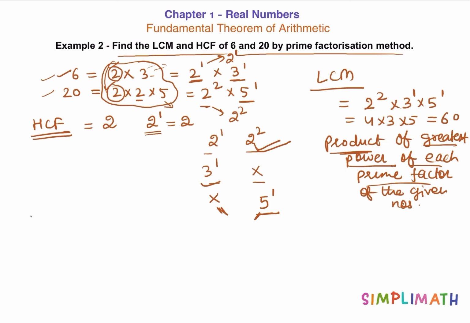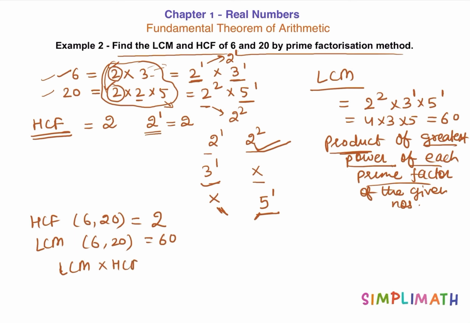So HCF of 6 and 20 is 2 and LCM of 6 and 20 is 60. Now from here, if we see LCM into HCF is 2 into 60, which equals 120.